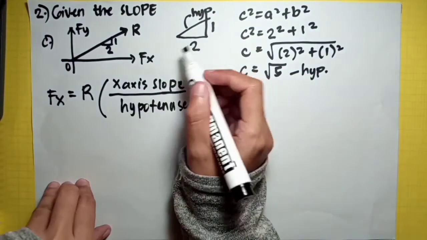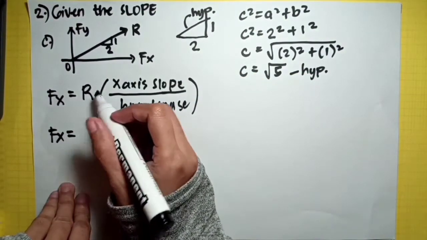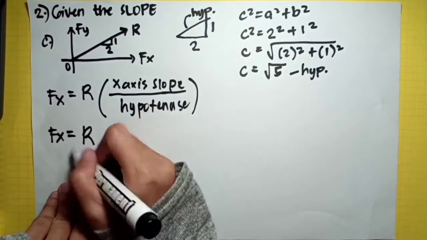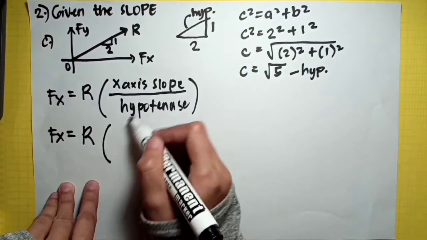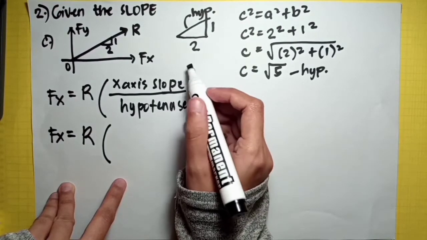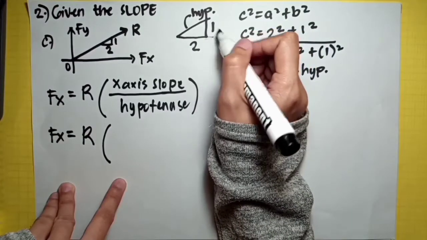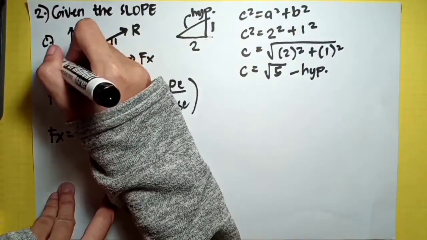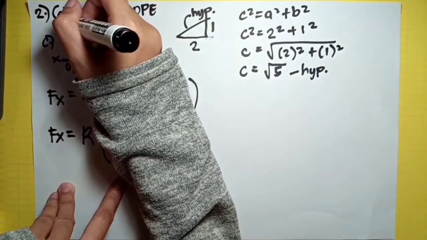Sa case natin ngayon, sa diagram natin, ang f sub x natin, kung ano man yung value ng r, ilalagay lang dito. Dahil sa diagram natin, walang value yung r. And then times, ang x-axis na slope na minimin ko dito ay ang 2, kasi nasa x-axis siya kapag makikita mo sa partition plane or sa quadrant nito.